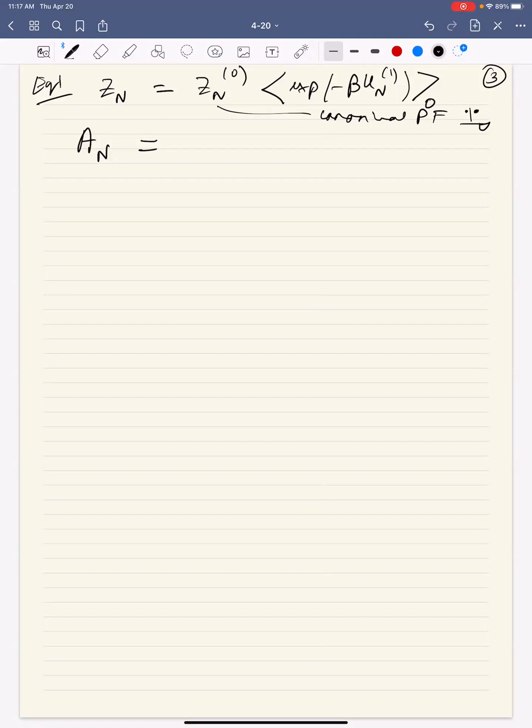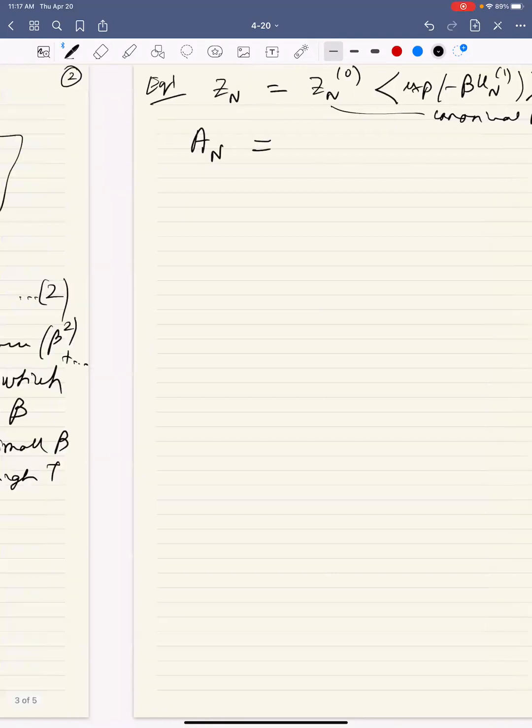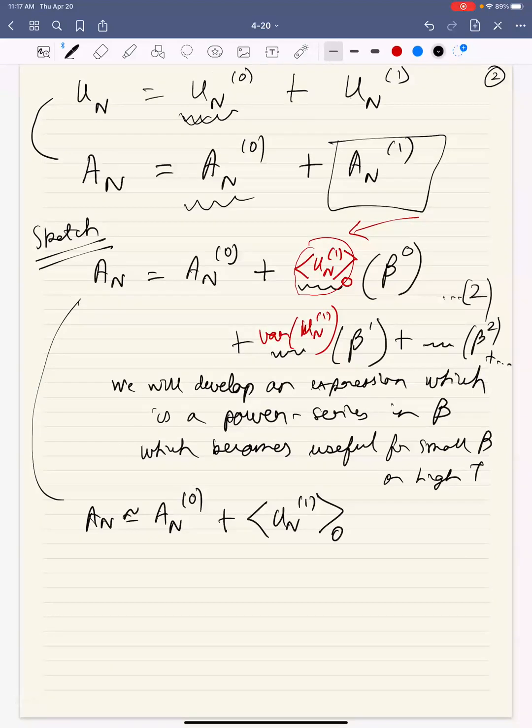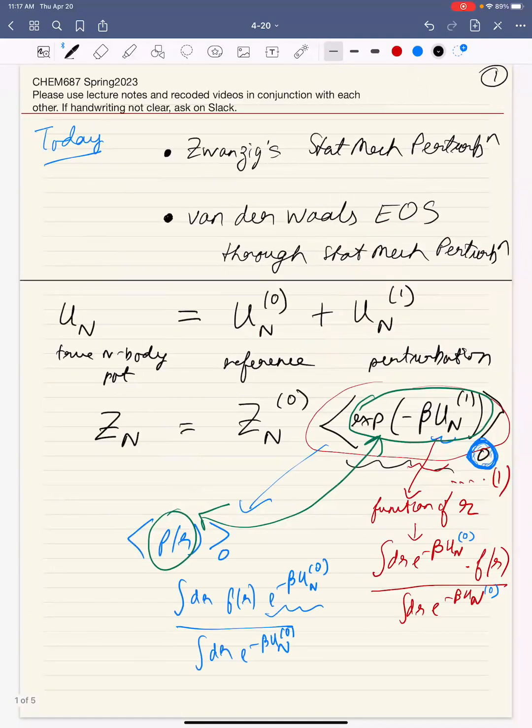So AN, how do we get AN from ZN? Go ahead. We don't have an n factorial term in the Z. Yeah, but it will be everywhere. N has not changed. You will have n factorial here.